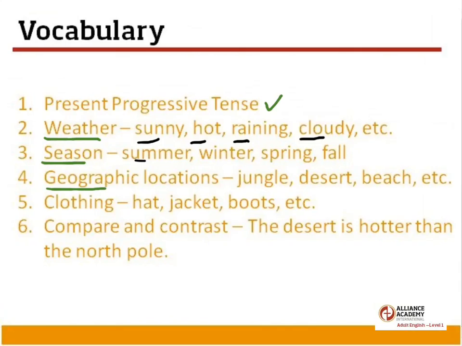You will also need to know geographic locations like the jungle, the desert, the beach, etc. Another important part of Module 6 is knowing clothing like hat, jacket, boots, etc. You're going to need to know all of the clothing we wear and in what season we would wear it.